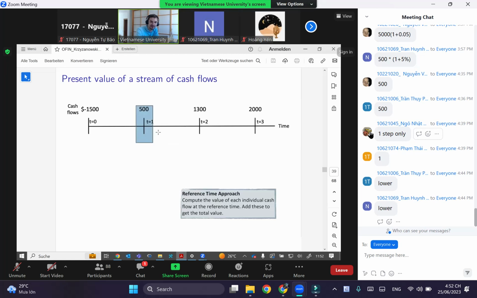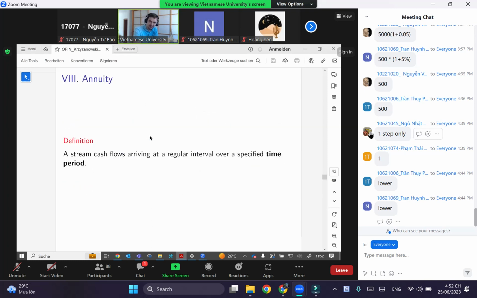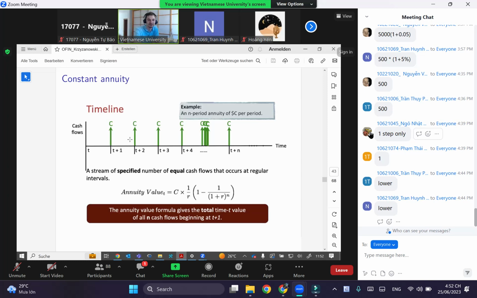We had the first payment in period t equals 1, where we said the present value of this payment is, well, we discount this 500 by 1 divided by the corresponding interest rate. And for the second period, we divided 1,300 by the interest rate to the power of 2 because we take 2 steps, and so forth.